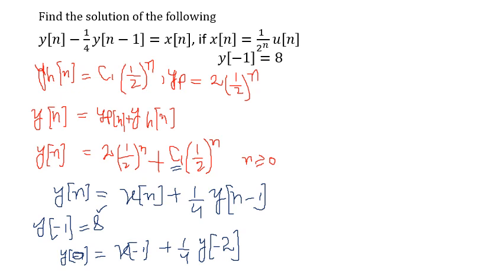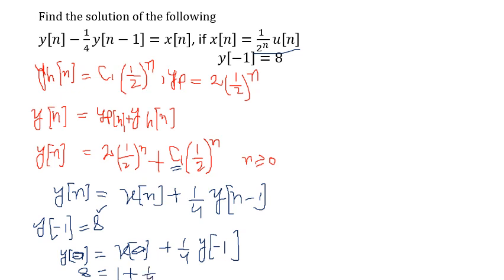So y of 0 will be x of 0 plus 1 by 4 y of minus 1. So by putting values, y of minus 1 is basically 8, and x of 0, you can easily know that x of n equals 1 by 2 to the power n, so 1 by 2 to the power 0 will result into 1, plus 1 by 4.